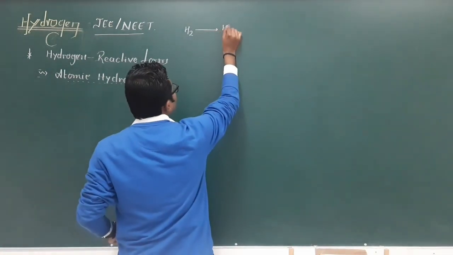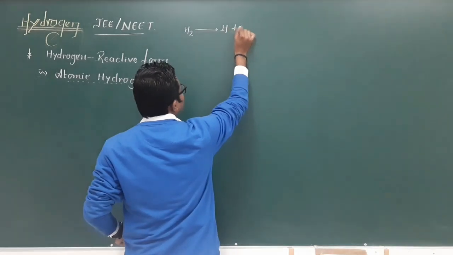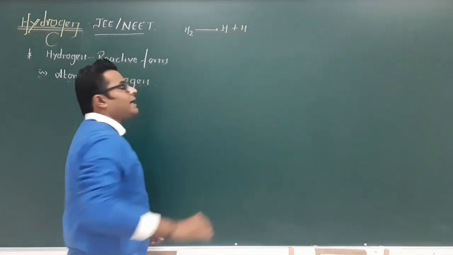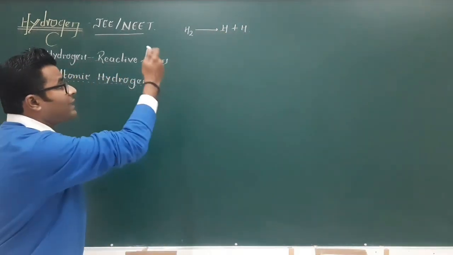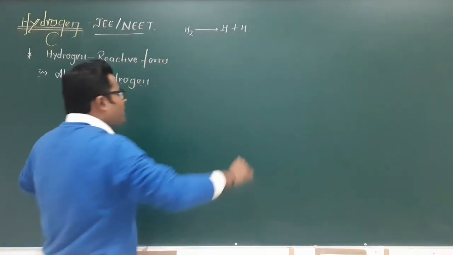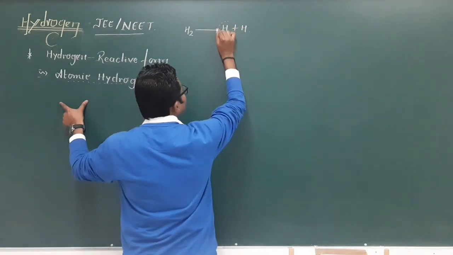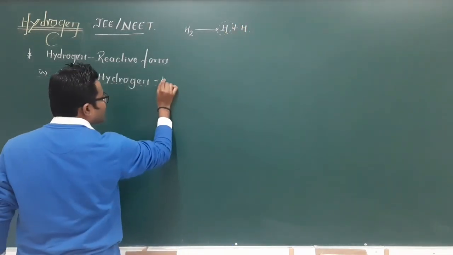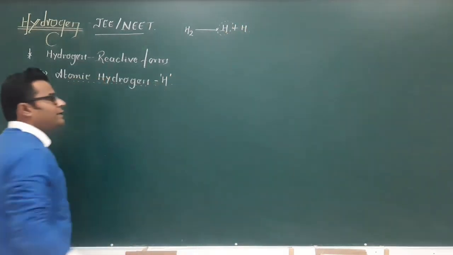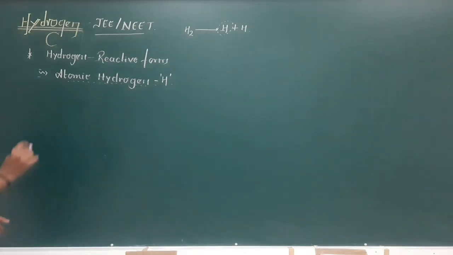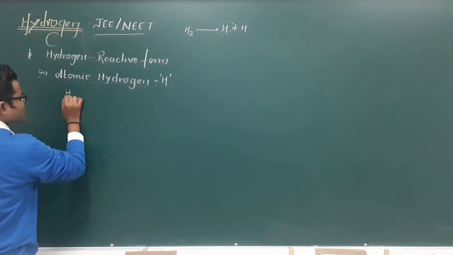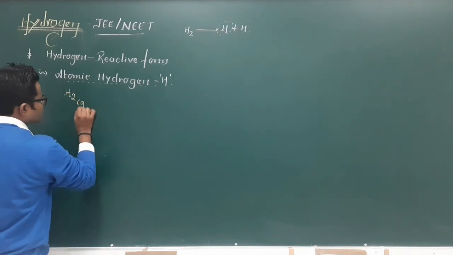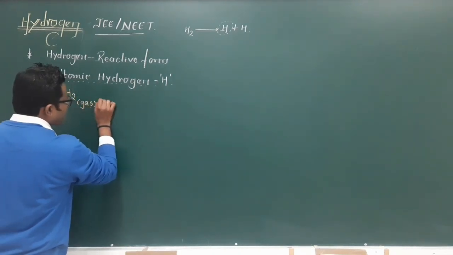So atomic hydrogen is available when we supply heat to the hydrogen molecule.